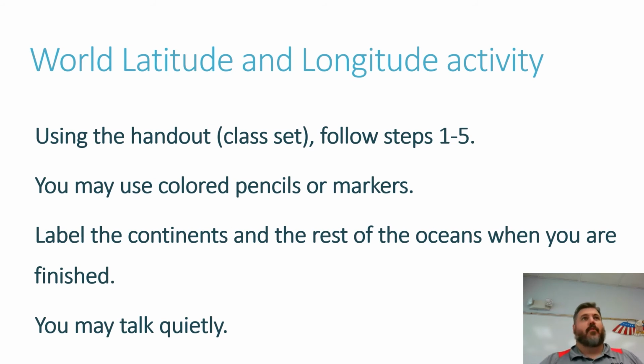1, 2, 3, and 4 are going to be looking at oceans and things like that. And number 5 is going to be marking and denoting numerous places on the map that you will get. You can use colored pencils and markers, whatever you think is going to be best to help you identify the information. You only have to write down initials because the map isn't huge.